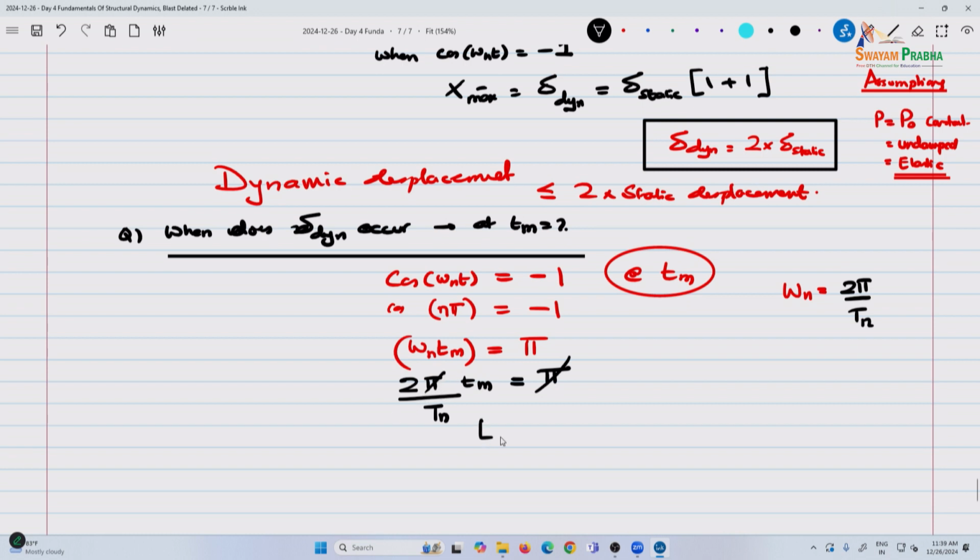So, what do I get? When does it occur? Tn by 2. See, look how the dynamic characteristics, you can easily calculate Tn. Now, you know Tm, this is another significant result.